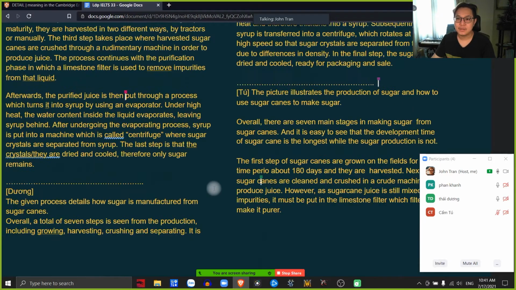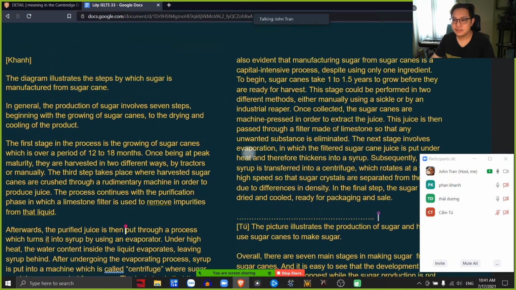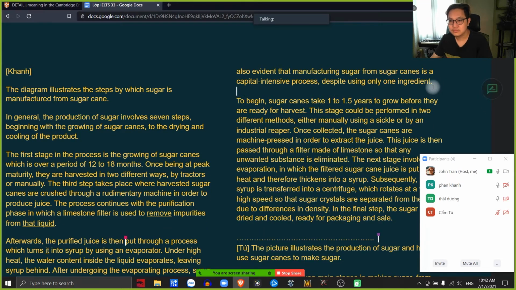Okay. It's also evident that, cũng rõ ràng có bằng chứng rằng manufacturing sugar from... Okay, once again, why are you using the active form of the verb in here? Why do you use the verb ing here?